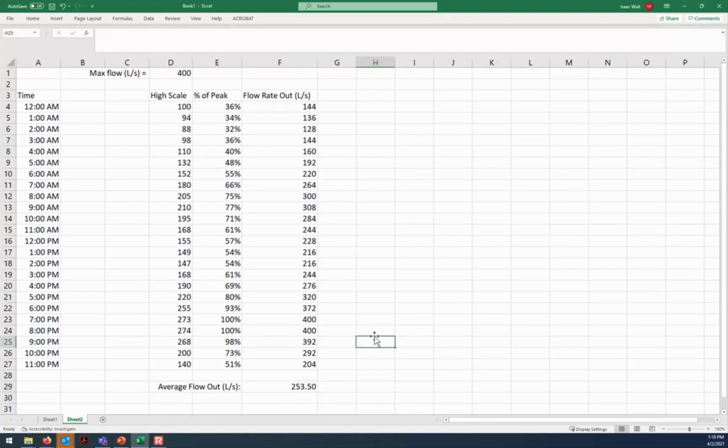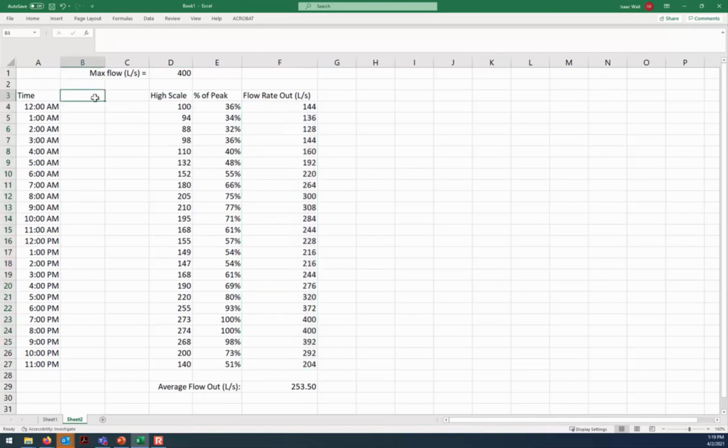The reason I want to know the average is that the flow into the tank in a 24-hour cycle is going to be equal to the average flow out. If that wasn't the case, there wouldn't be balance between the inflow and the outflow. If more flow went out during the 24-hour cycle than went in, the tank would run dry before the end of the cycle.